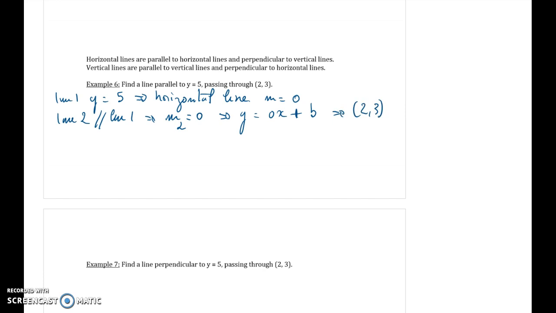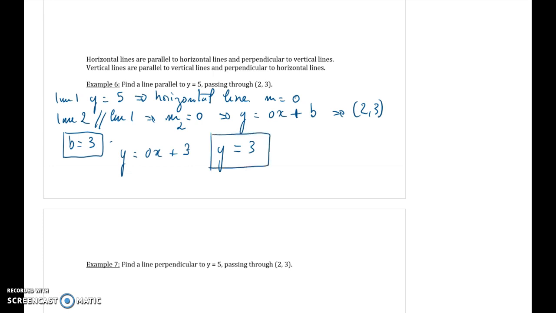So to find b, I'm going to substitute the values of x and y by 2 and 3, and I will find the value of b. B equals 3. So therefore, the equation of the line is 0x plus 3, which is y equals 3.